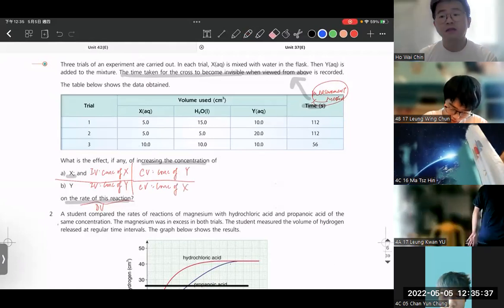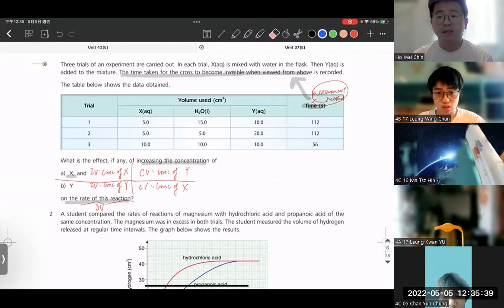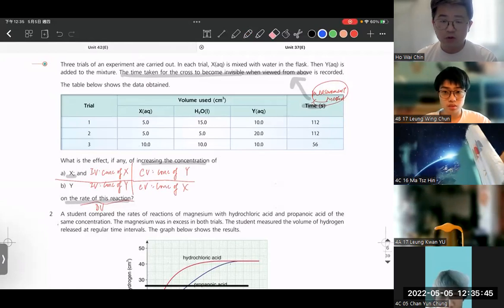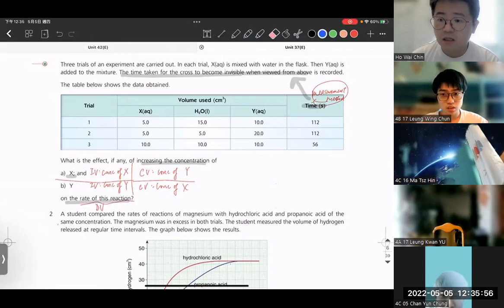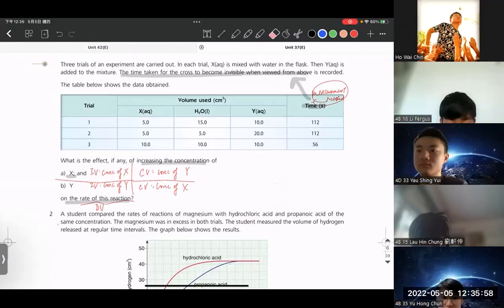Do you understand? Do you know why? You cannot compare 2 sets of data with 2 factors changing. Otherwise it's not a fair test. You understand? So can I have the A part? Chen Yunzhong, A part.